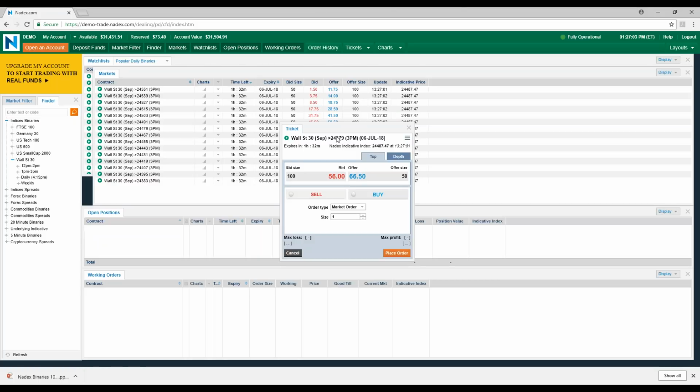So not equal to, but greater than, because that's what the statement says. The Wall Street 30 will be greater than this. Not equal to it, not right at it, but greater than. That's if I'm buying it. Everybody got that part? We're talking about buying it.